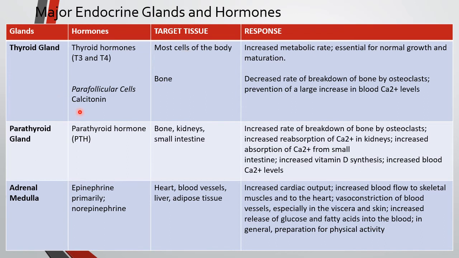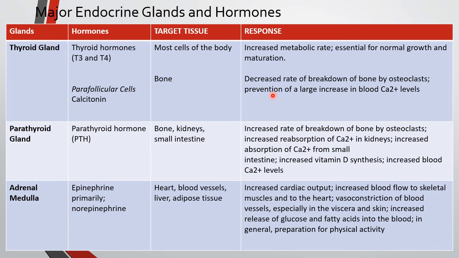Now, for your calcitonin, it will have a particular target tissue, which is the bone. Kasi ano ang function ng presence ng calcitonin? It will inhibit the breakdown of the bone. Sino yung nagbe-breakdown ng bone? It's your osteoclast. So, it will particularly inhibit these cells to decrease the rate of breakdown of the bone.